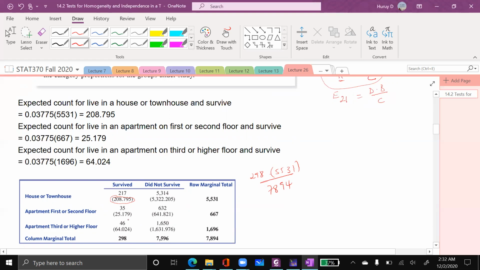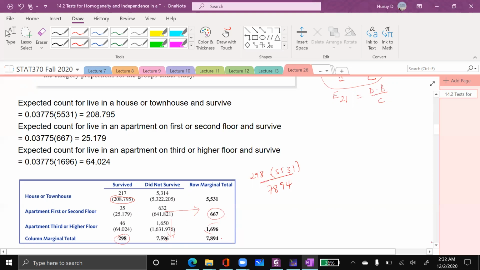Similarly for this one, it's this times this divided by this, and so on. For example, from the second column, the expected count for this cell is the row total times this column total, divided by the grand total. The grand total doesn't change, but always you take that row total and that column total.